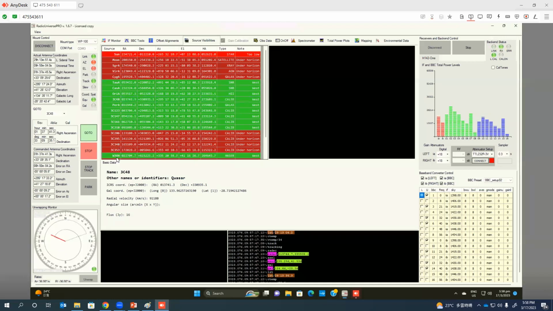We are pointing to a specific object, 3C48, which is a quasar.